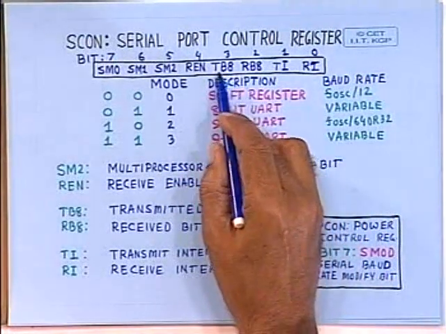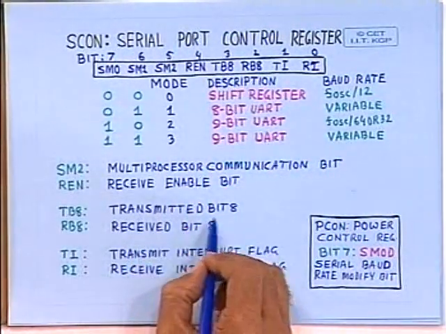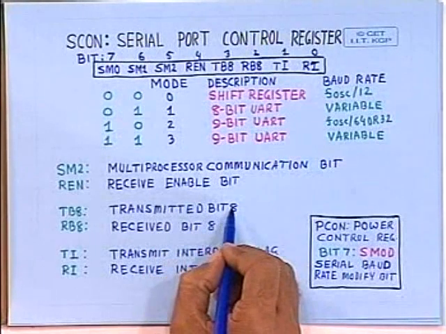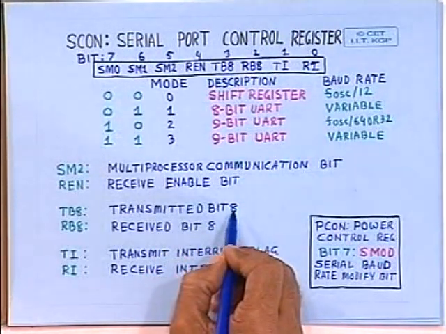Then this TB8, transmitted bit 8, is the 8th bit that you want to transmit, where bits 0 to 7 are the normal 1 byte of data. Now this bit 8 can be decided by the programmer. It can be used as a parity bit, as we shall see, or also for multiprocessor communication.